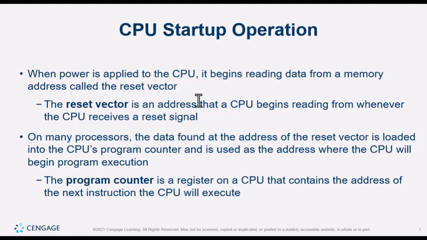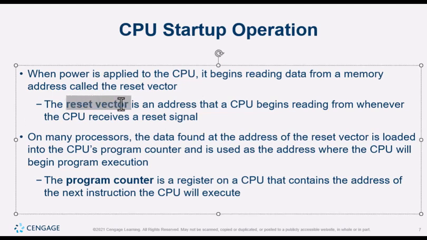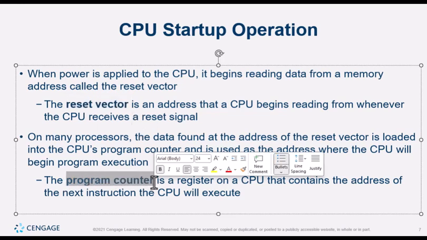Now, there's also a thing called a program counter. The program counter is a register that keeps track of where it is. So, for example, let's say the reset vector is memory space 00000000, then as soon as it starts running, the program counter is set to 00000001.